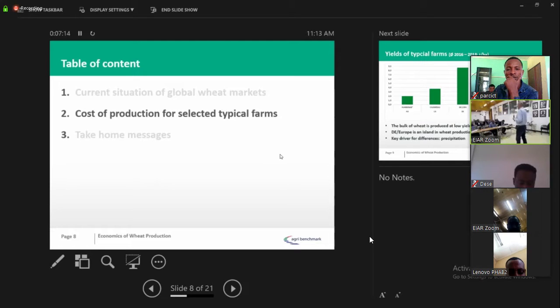And the second remark I would like to make: I just picked a few examples to illustrate some principles for you. Keep in mind that we have, for instance, the European Union or Canada or Australia or US, which are very big countries with very diverse environmental conditions.